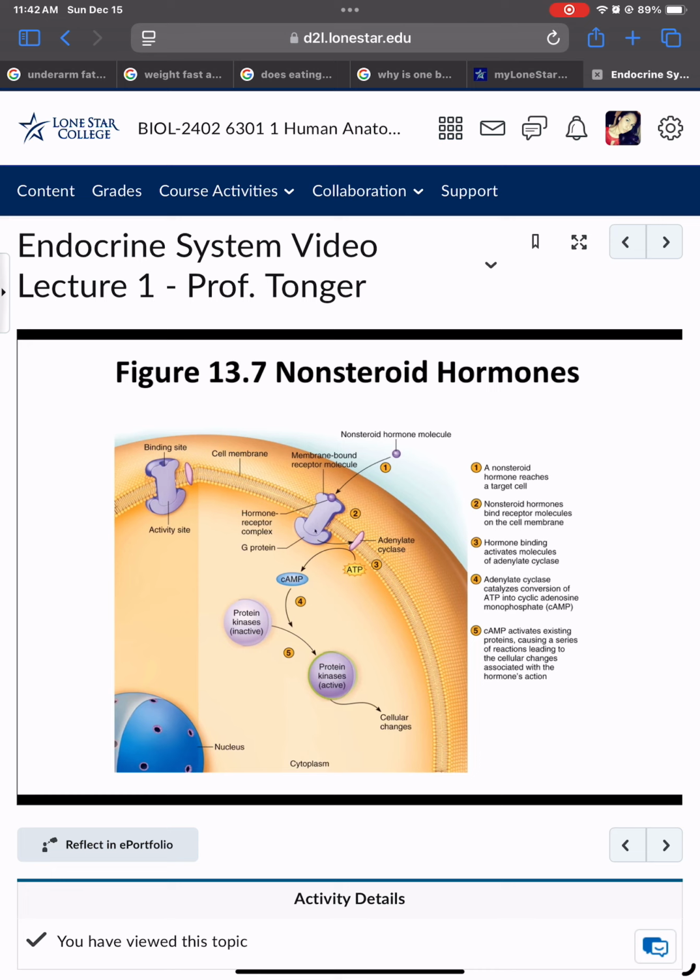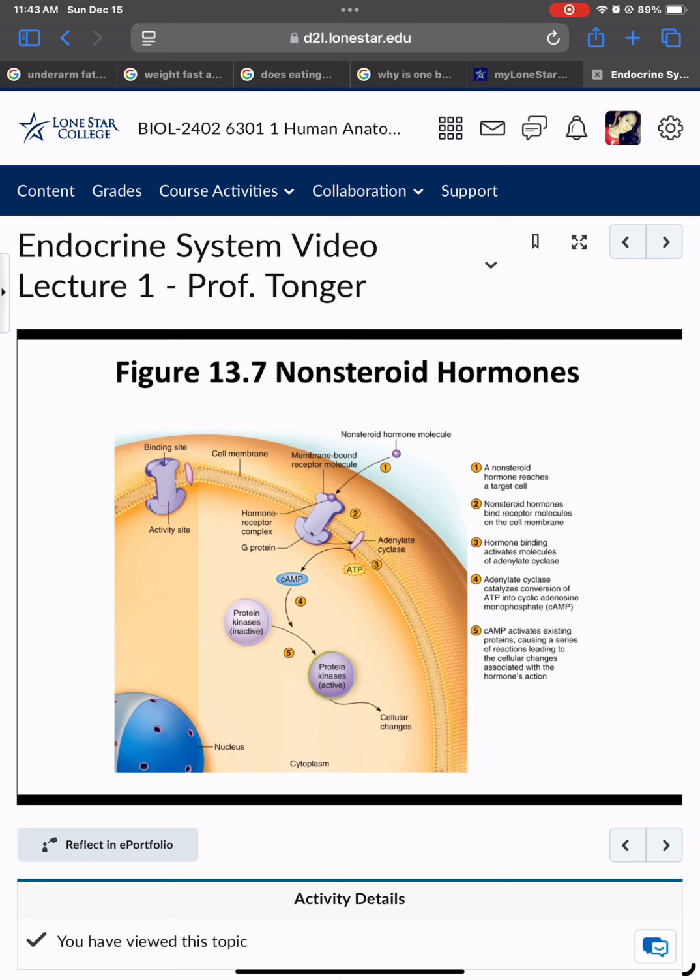This is called a receptor, to which the hormone is binding. So non-steroid hormones bind the receptor molecule on the cell membrane. Hormone binding activates the molecule of adenylate cyclase. Now over here, if you notice, the hormone is binding to this, and you might be wondering how it is impacting or activating the adenylate cyclase.